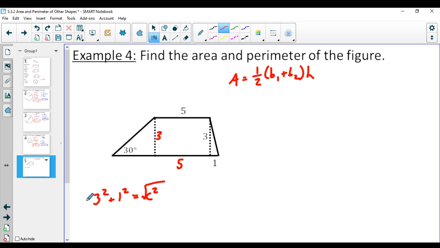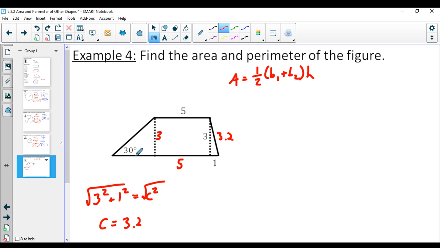Then I just square root both sides. And I'm going to write this c on the left. C equals, and then that's just something I can put into my calculator. It's going to be the square root of 10, right? Or I'm going to round to 3.2, right? So we have that one.